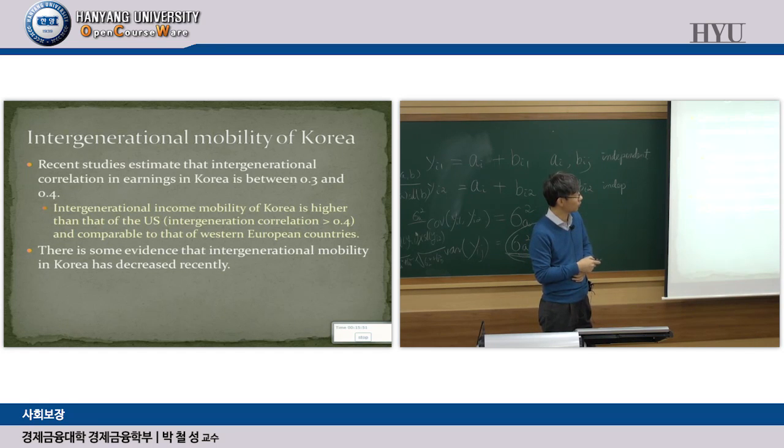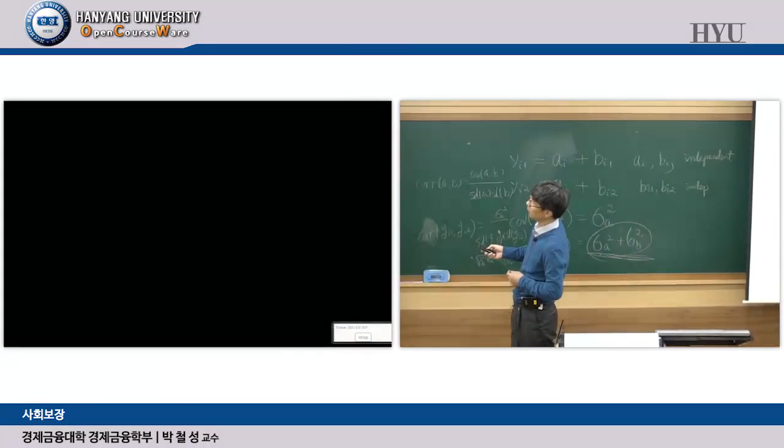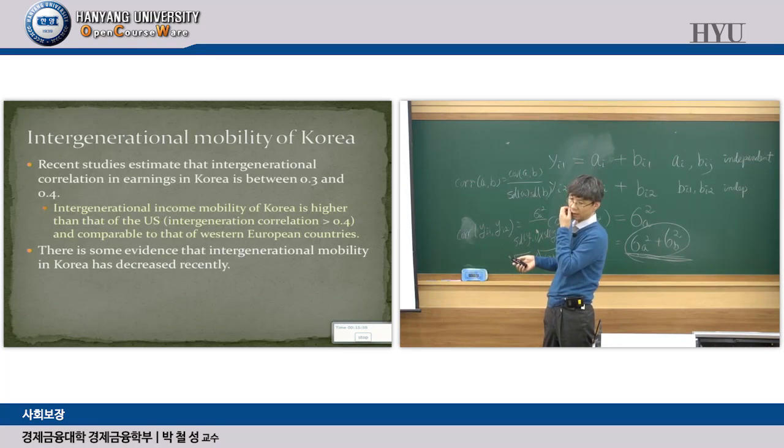There's an interesting history about intergenerational correlation in the US, because when they started measuring it, the number was actually quite small. It was below 0.3. So they argued that the US is quite a mobile society.